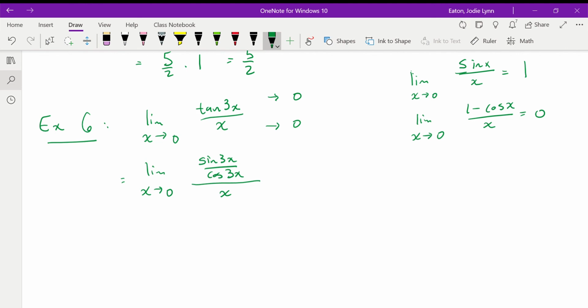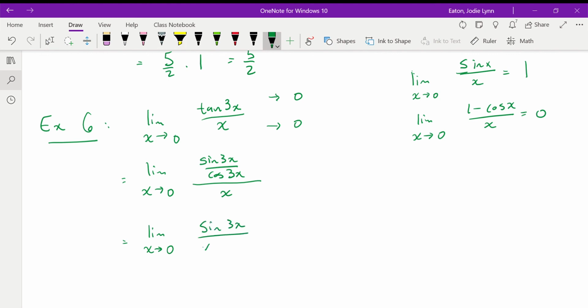So what we are going to do now is rearrange this. And again, I don't really want to try to use my 3x. I want to try to use something else. So this is equal to sine 3x over x times cos 3x. What I notice now is that if you look at just this part that I've outlined in yellow, that looks like it could be a sine x over x.